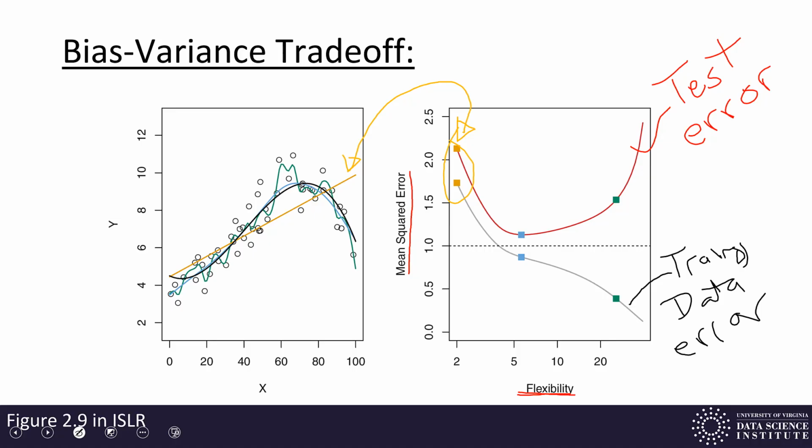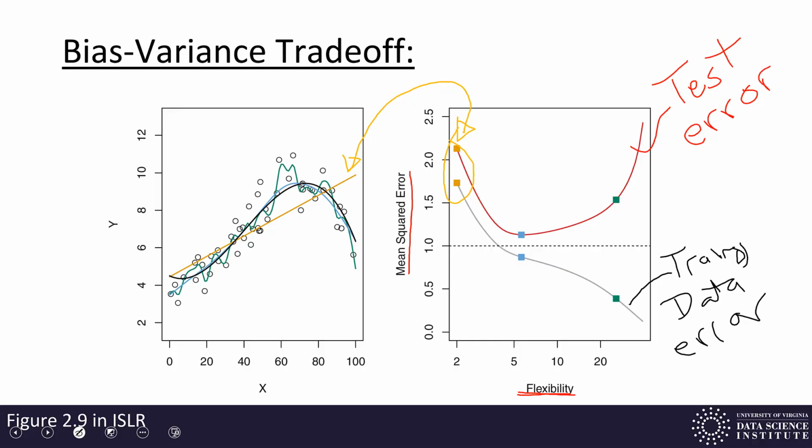And you'll notice for our gold regression, our linear regression, that both the training error and test error are high. The gold regression wasn't even able to get a good error rate on our training data.